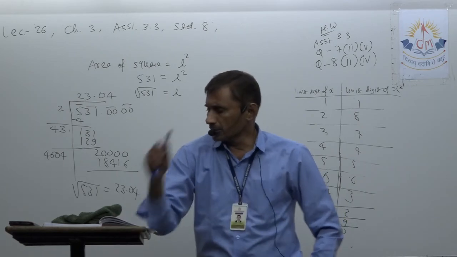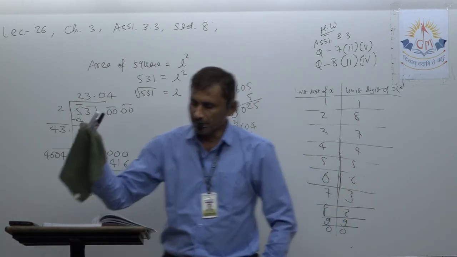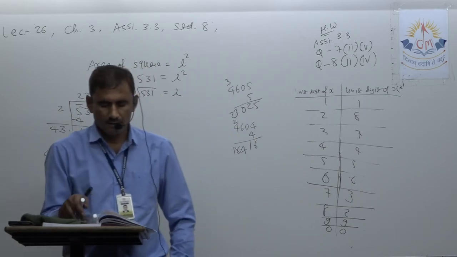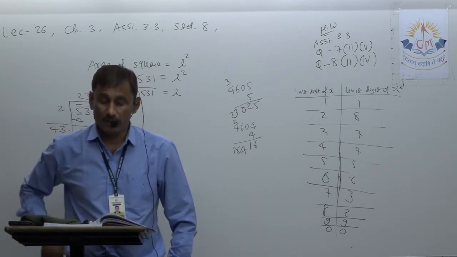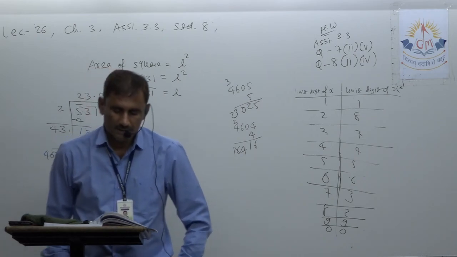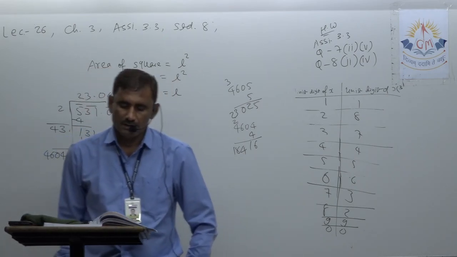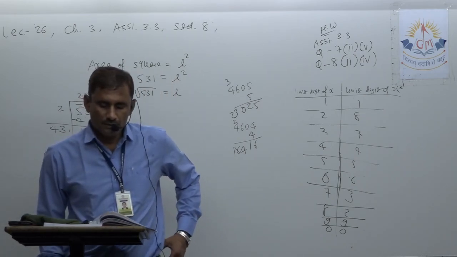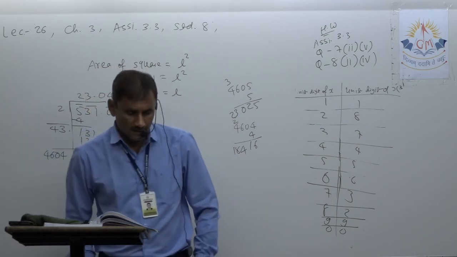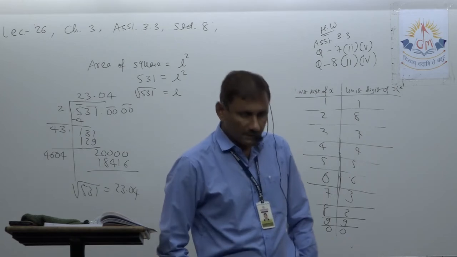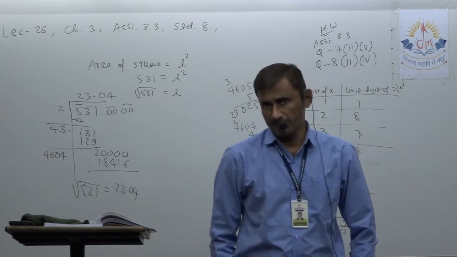Okay, so you just look there, example number 23. They are asking whether 1728 is a perfect cube or not. So they factorize it. And you can see 2 three times, again 2 three times, again 3 three times. So all numbers are in groups of 3. So it is a perfect cube.